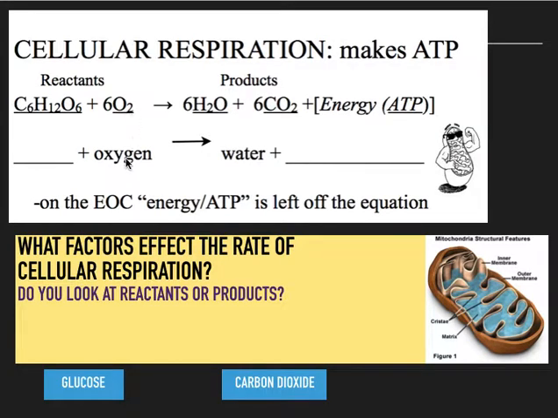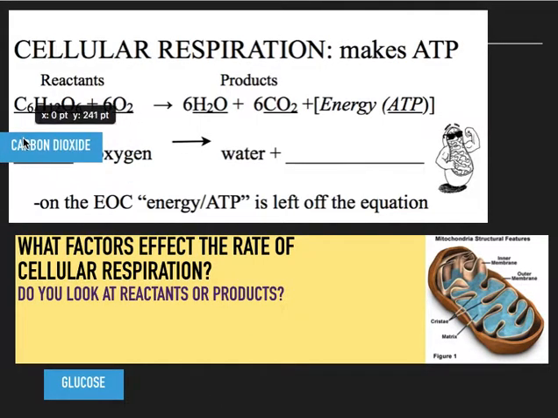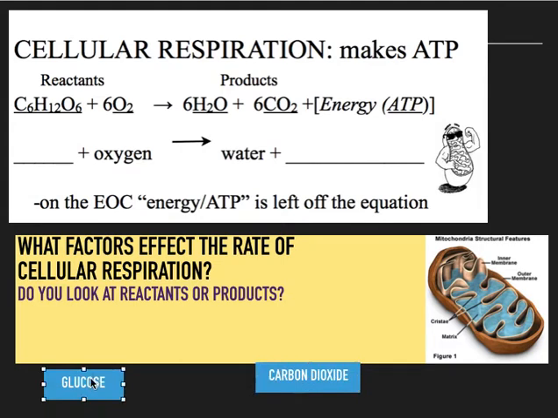So the O2 is oxygen. What is C6H12O6? That is not that one. This one, glucose. So glucose is C6H12O6. So glucose plus oxygen yields water, which is H2O. What is this?